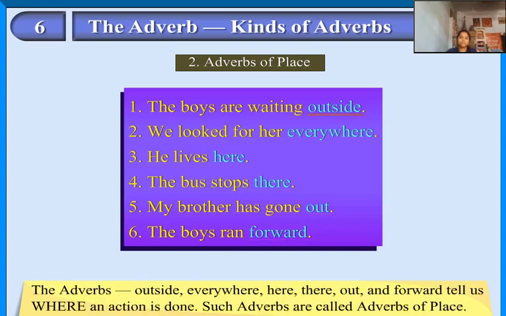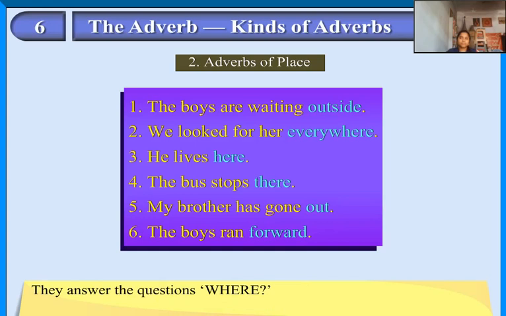The adverbs outside, everywhere, here, there, out and forward tell us where an action is done. Such adverbs are called adverbs of place. They answer the question where.